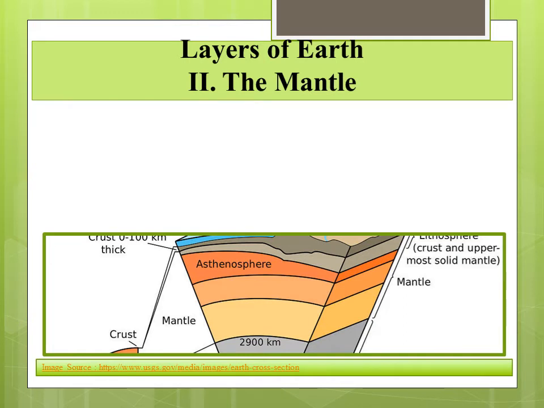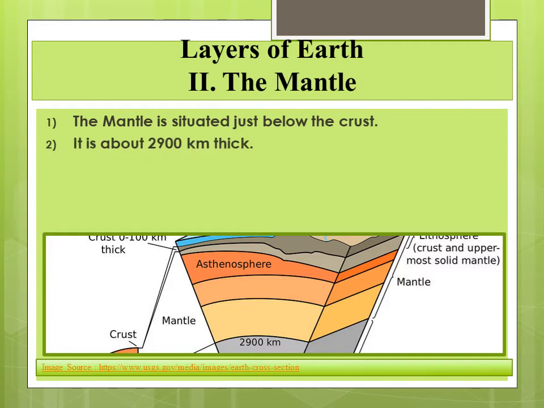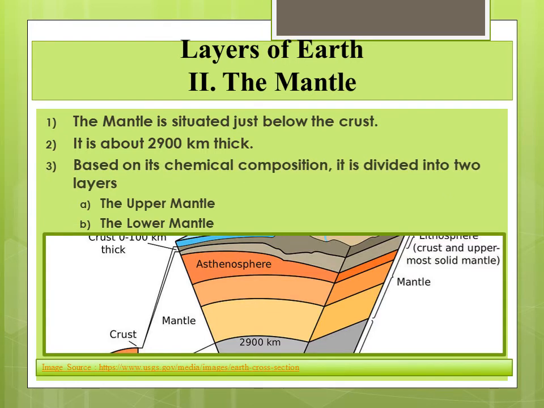Now, second layer of the earth is called the mantle. The mantle is situated just below the first layer, the crust. It is about 2,900 kilometers thick. Based on its chemical composition, it is again divided into two layers, the upper mantle and the lower mantle.